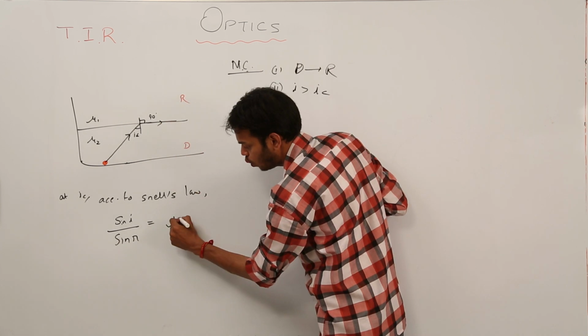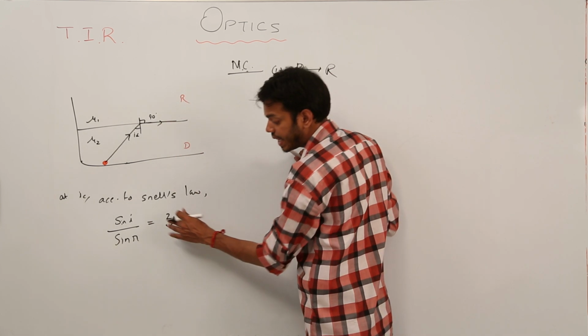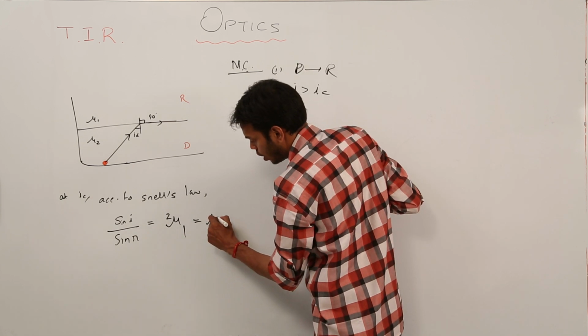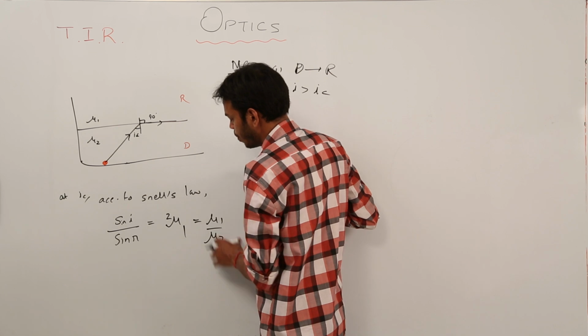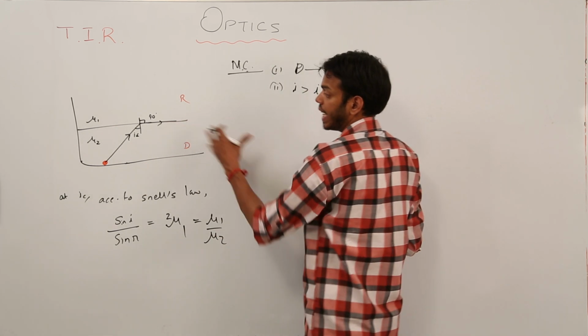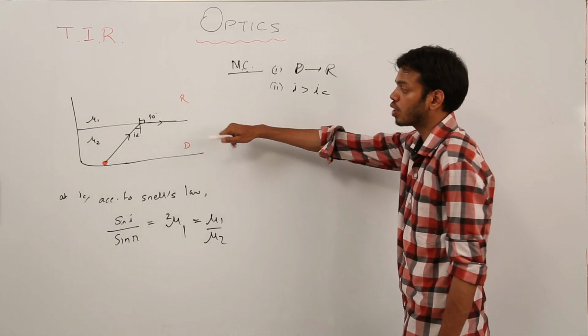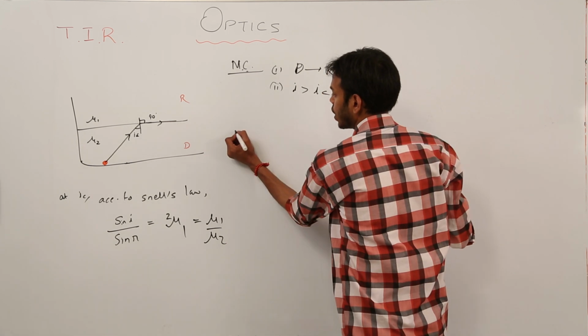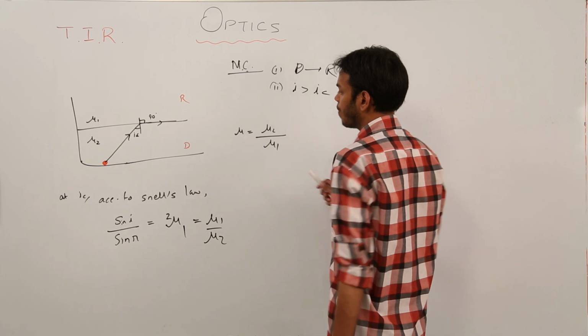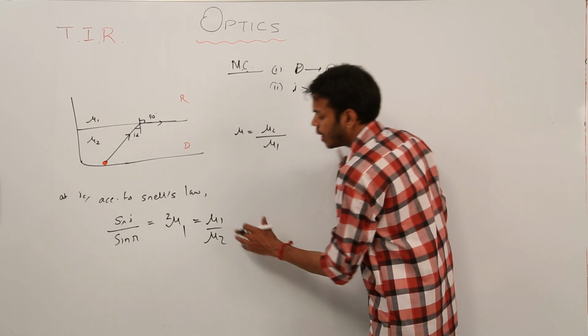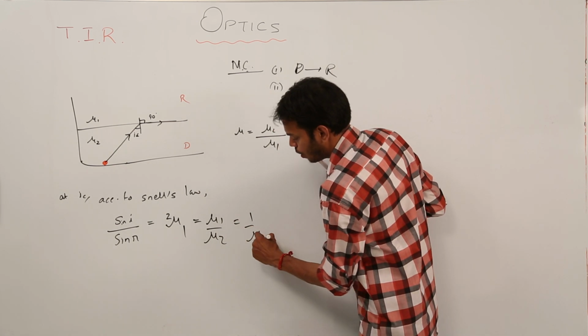So I would write mu from 2 to 1, and this is converted into mu1 to mu2. So sin i upon sin r is equal to mu1 upon mu2. What if I asked you the refractive index of this denser medium? It would be the refractive index of the medium upon the refractive index of the surrounding. So this is basically 1 upon mu.